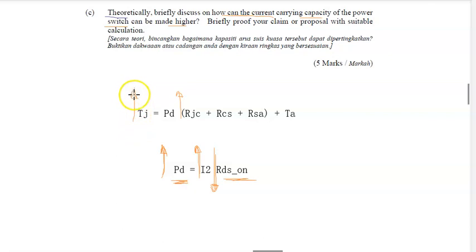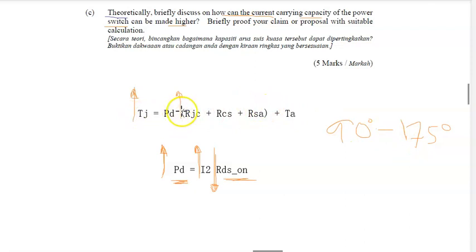And this Tj we mentioned just now is set at 90 degrees C. We can increase Pd, but Tj will increase, and the maximum it can go up to is 175 or 170. I'm not sure, we have to refer to the sheet. Okay, let's say 175.